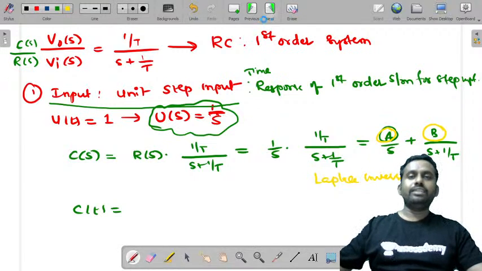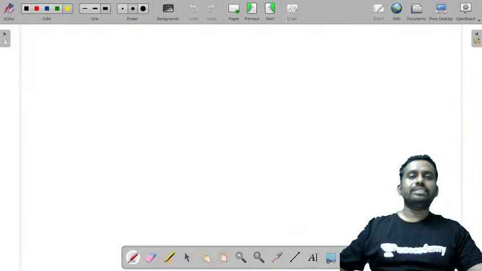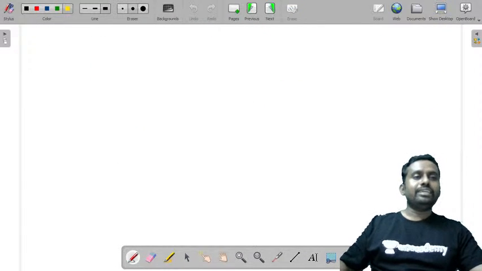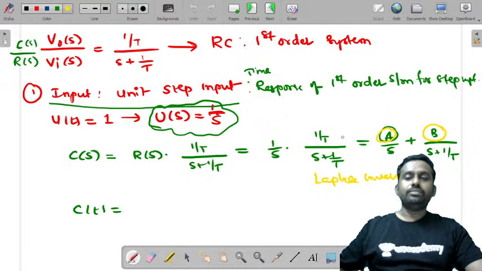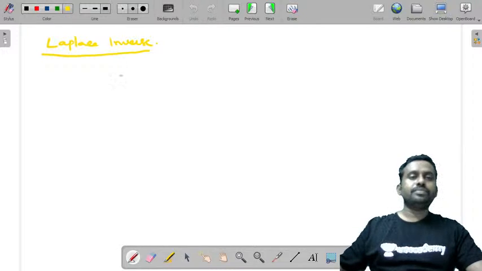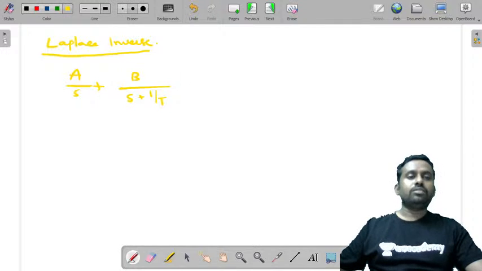There are three things that you need to remember in this to find the Laplace inverse. We'll also do that for the previous one as well, this one. So A by s plus B by s plus 1 by T. Now this was equal to 1 by T by s into s plus 1 by T.